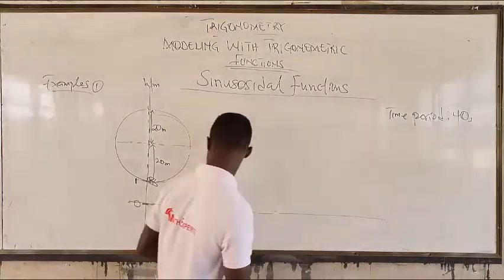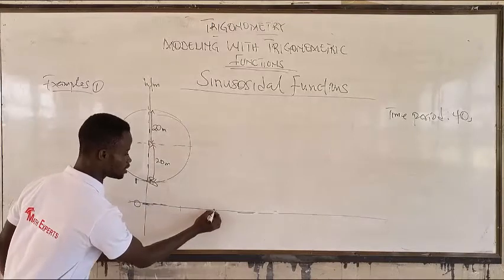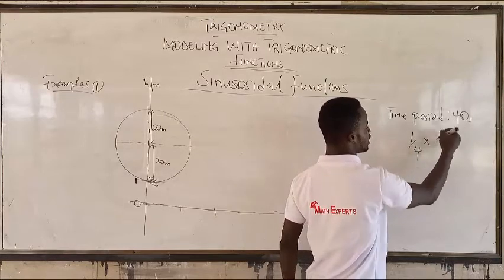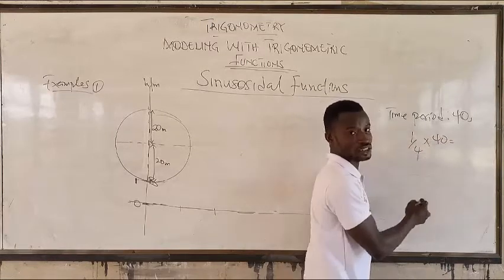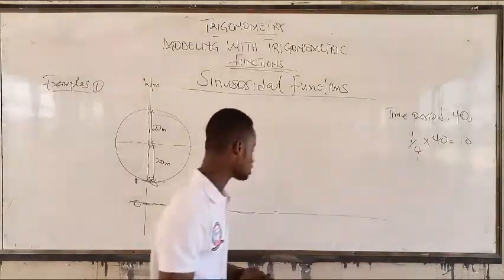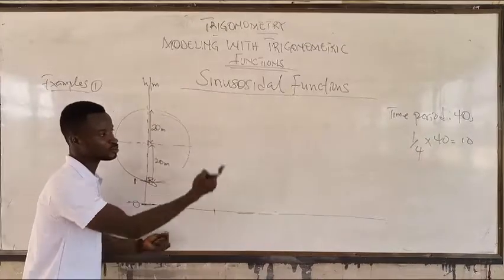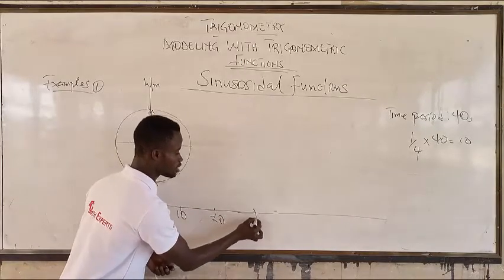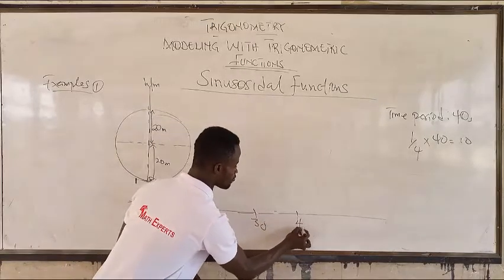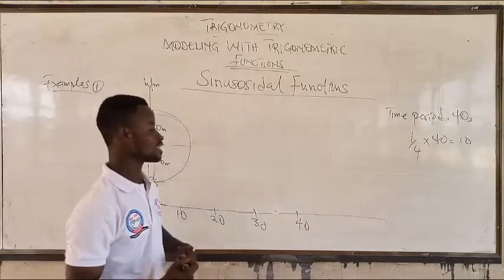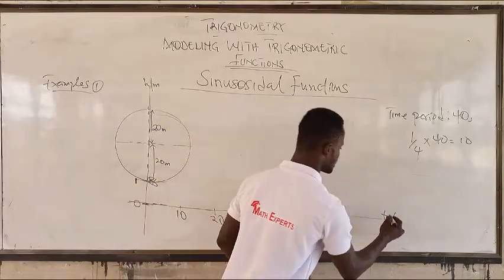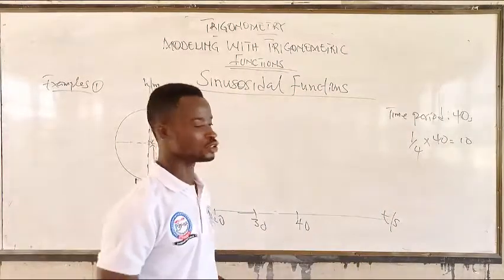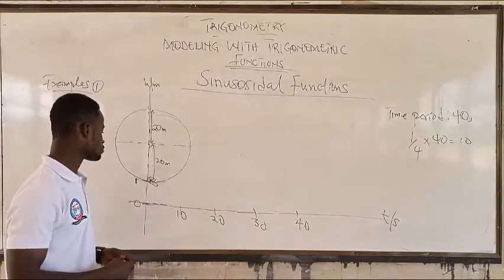Now, for us to determine what will be here, we need to multiply 1/4 by 40, and that is going to give us 10. So we start at 0, then we start adding 10. Here will be 10, here will be 20, here will be 30, here will be 40, and that will be at the end of the period, the time in seconds. Very good. So let's continue.